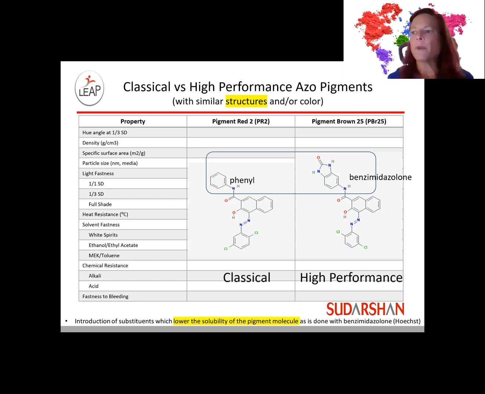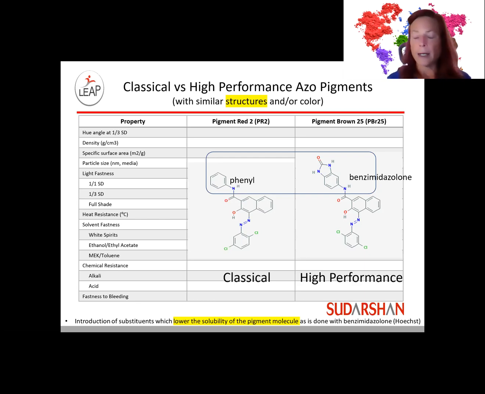This first example compares the classical Pigment Red 2 to the high performance Pigment Brown 25. These, I grant you, are not the same in color, but they do have a very similar base structure. So everything below the box is exactly the same.